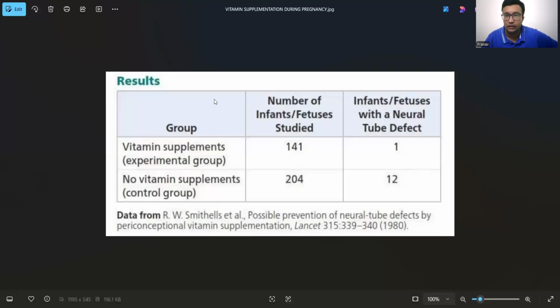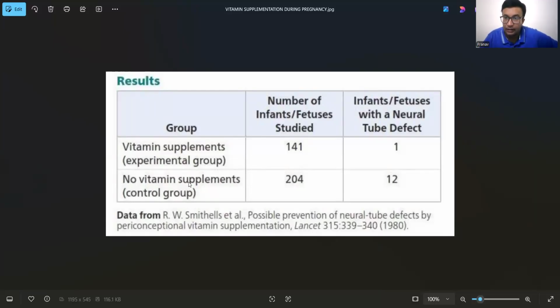So these are the results of the research. There was an experimental group which was supplemented by multivitamins. This experimental group included mothers who were already once pregnant or had one or more babies previously as well. So 141 infants or fetuses were studied in the experimental group, out of which only a single infant was known to develop neural tube defect when vitamin supplementation was given.